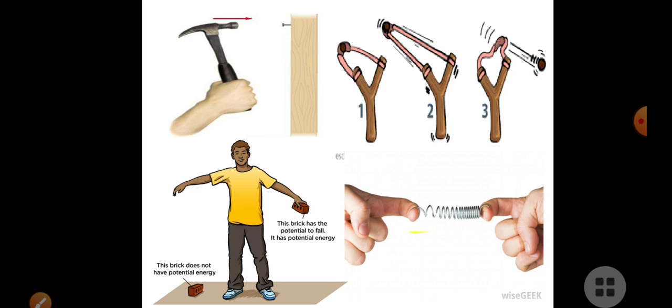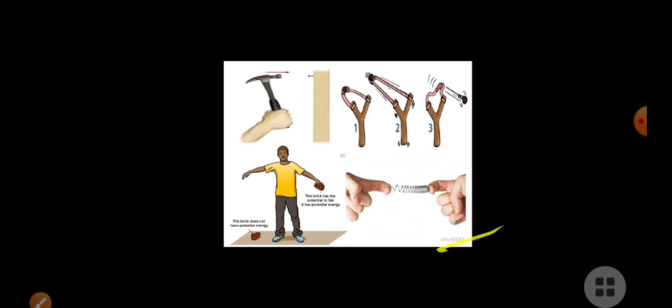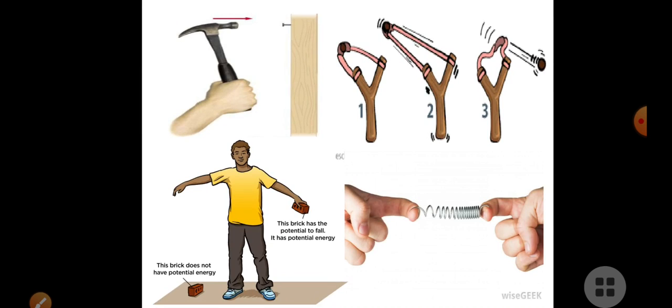In the same way, in the case of a spring, we are applying force from both sides, and there is displacement in the turns. So force and displacement are there, and this spring has potential energy stored inside it. And when we leave this spring, what will happen? This spring can do work.